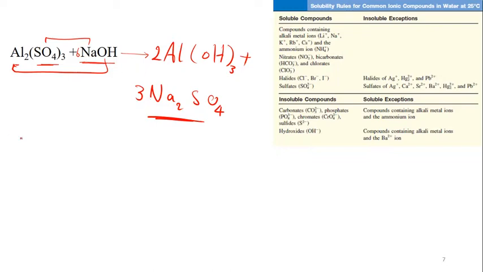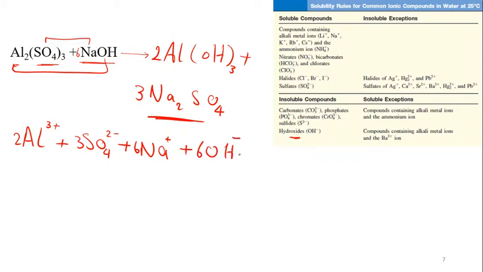If I try to write down my ionic equation, I have to write 2 aluminum with valency 3 and sulfate SO4, and I have 3 species here, plus sodium. I have to remember also all hydroxides are not soluble except for alkali metals. So sodium has 6 species plus hydroxide, which I have 6 species as well. The result for this one will be sodium sulfate.